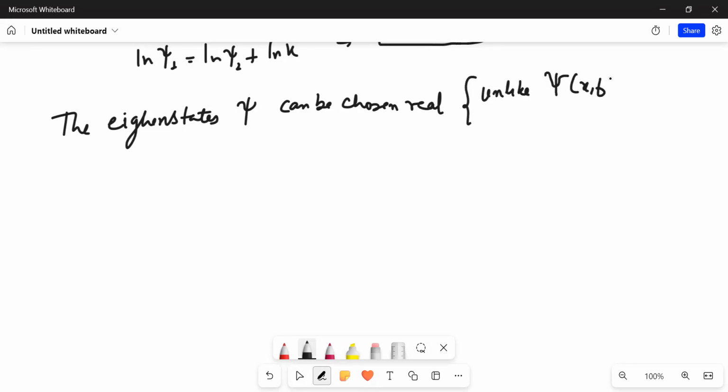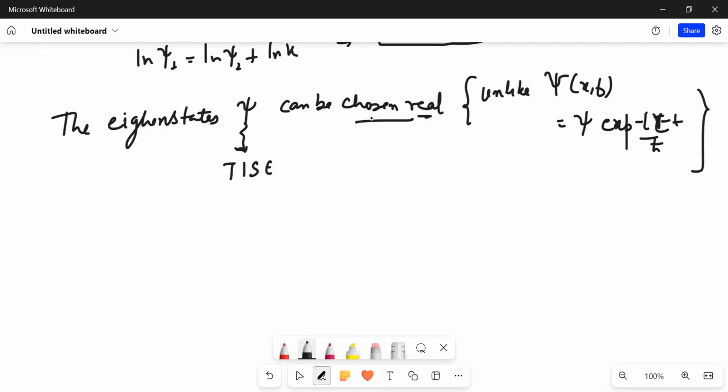Unlike the exponential factor e^(-iEt/ħ), which necessarily belongs to complex numbers, psi, the solution of the time-independent Schrödinger equation, can always be chosen real.